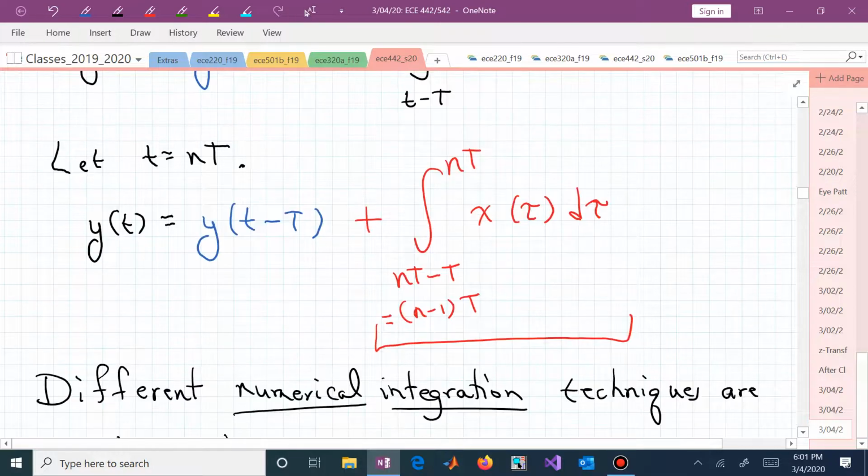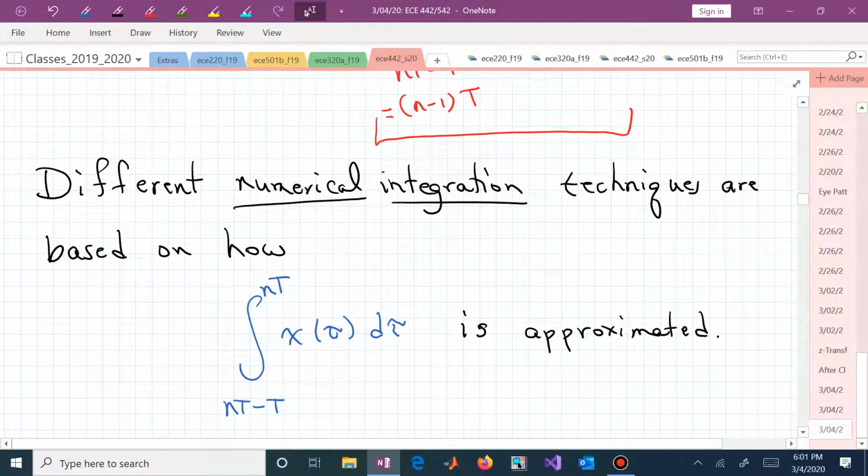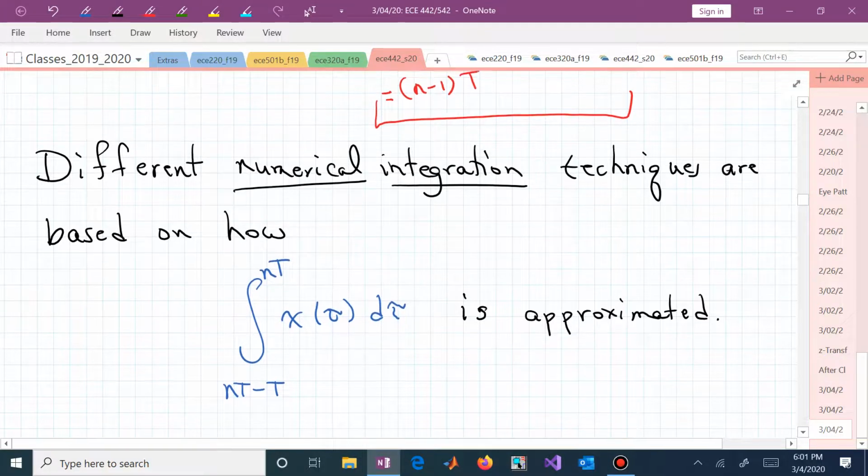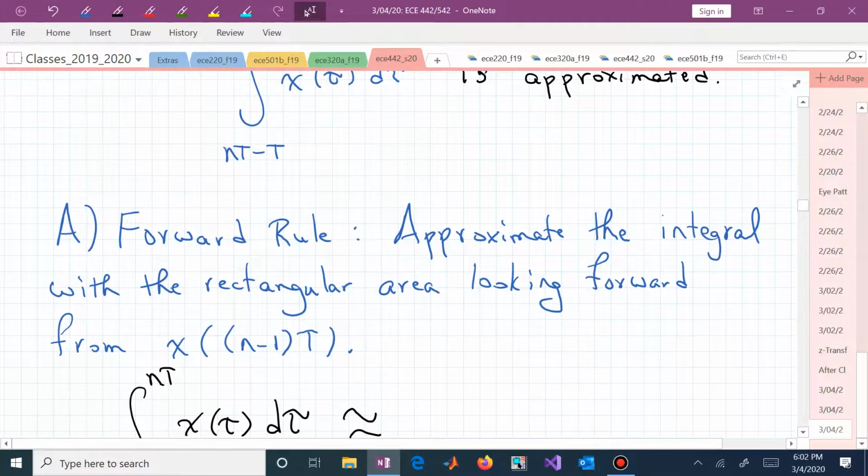Let's look at, well, do I need to add anything more here? The different numerical integration techniques are based on how we approximate that additional piece of area. And here's the forward rule.